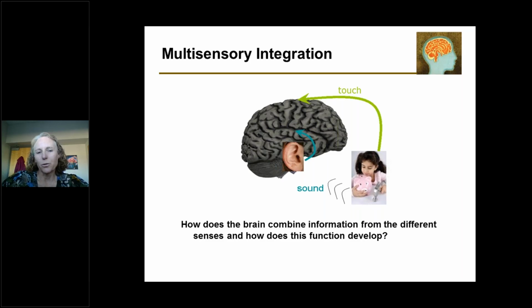So we know that our ears detect sounds, and our sense of touch detects tactile information. Our eyes detect visual information, and all that information gets separated. And then we put that back together to make this multisensory construct of the world. What we don't know is how the brain is able to put that together so well.